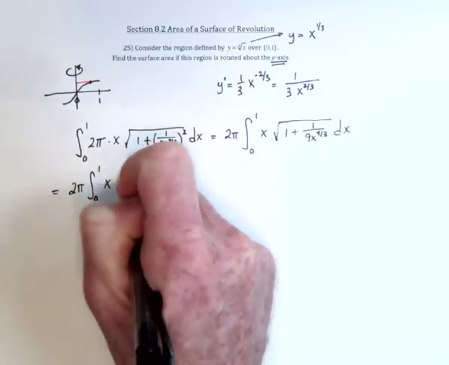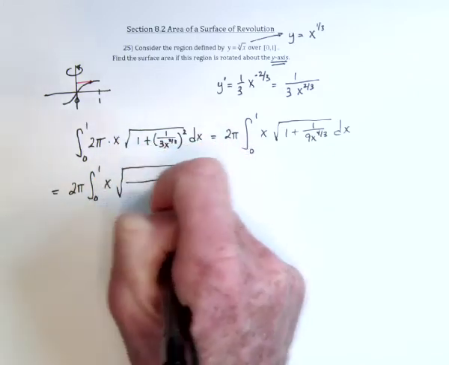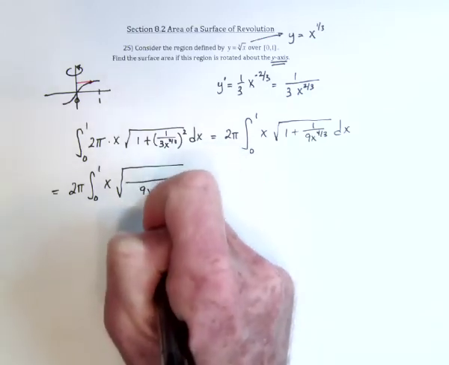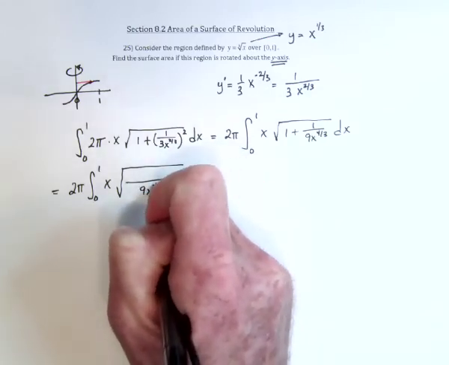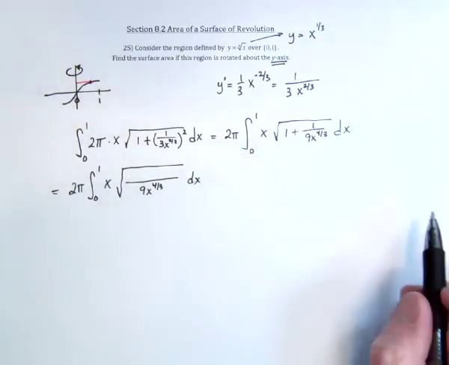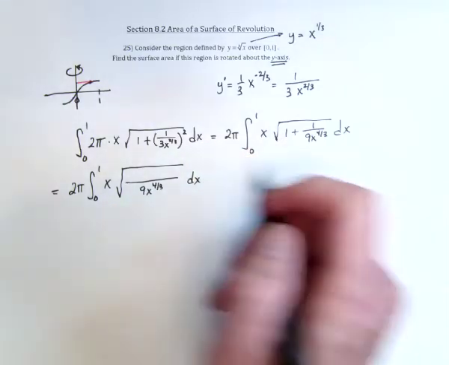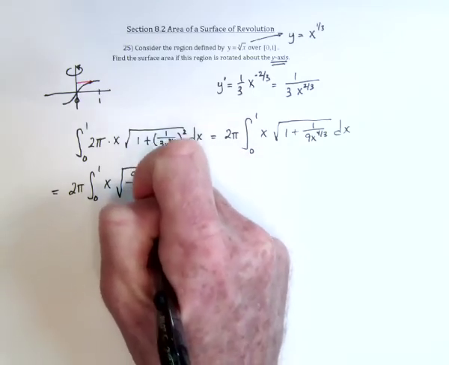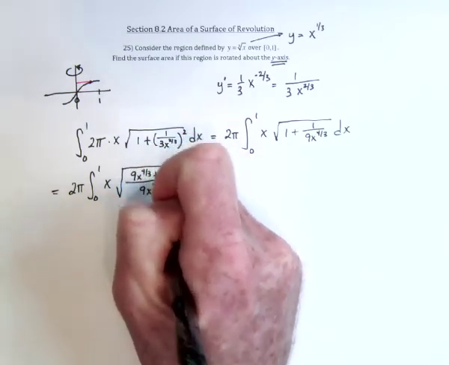So now we've got one big fraction that has 9x to the 4/3 as its denominator. For the numerator, this would add a 9x to the 4/3 plus this single 1.